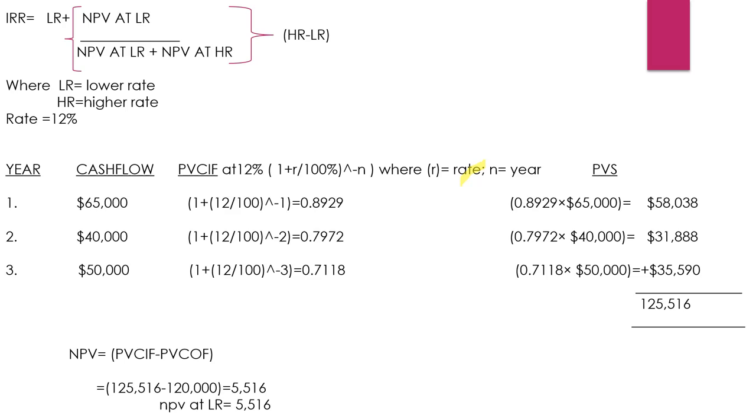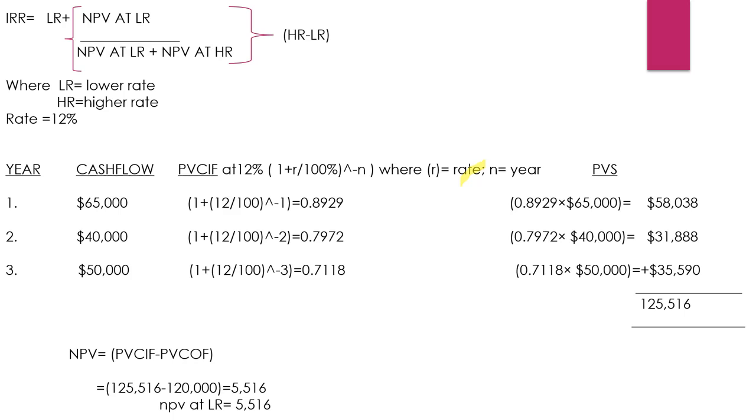So in the first year, the cash flow is $65,000. So the present value of cash flow at 12% would be open bracket 1 plus 12 over 100, close the bracket, then you raise to power negative 1. This is because we are in the first year.